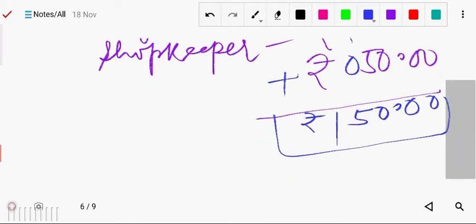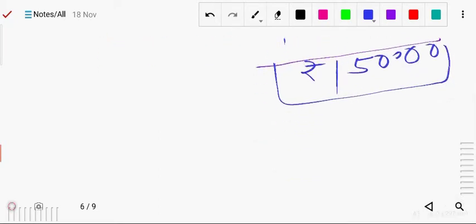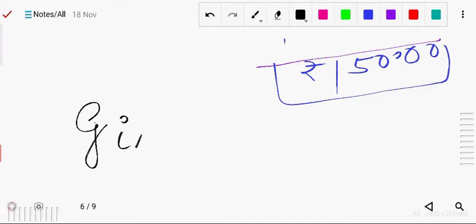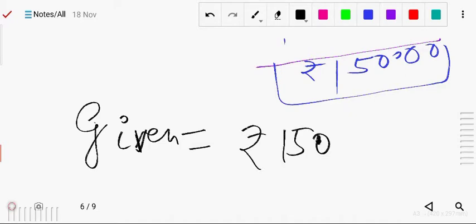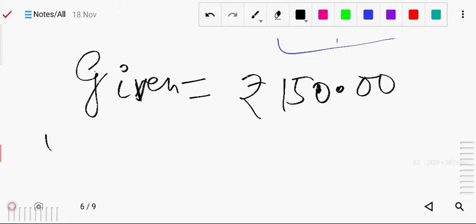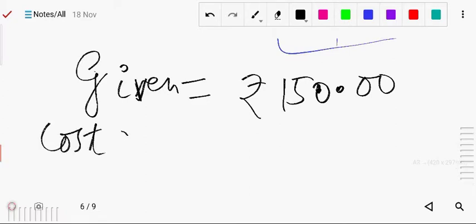Okay, now we have to find what amount the shopkeeper will return. So first we can write the given amount, that is rupees 150.00. Okay, now we can write the cost of the toy.